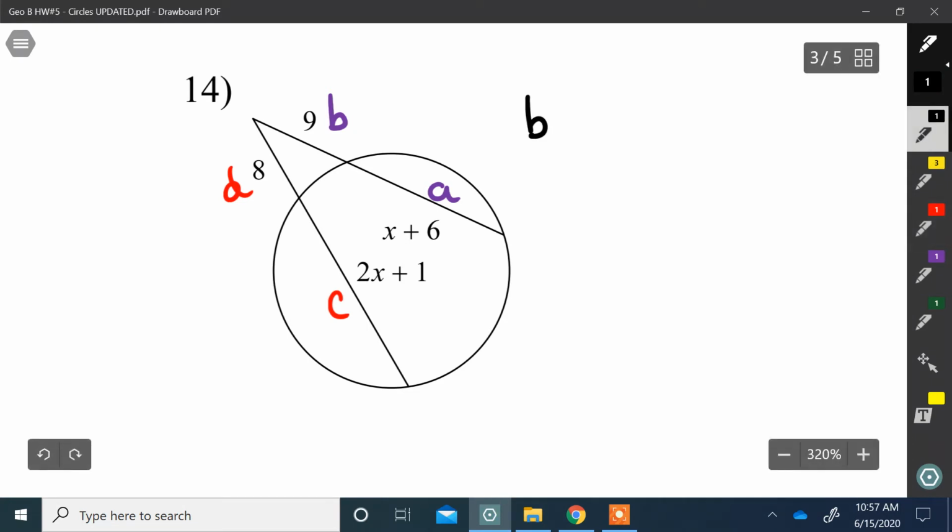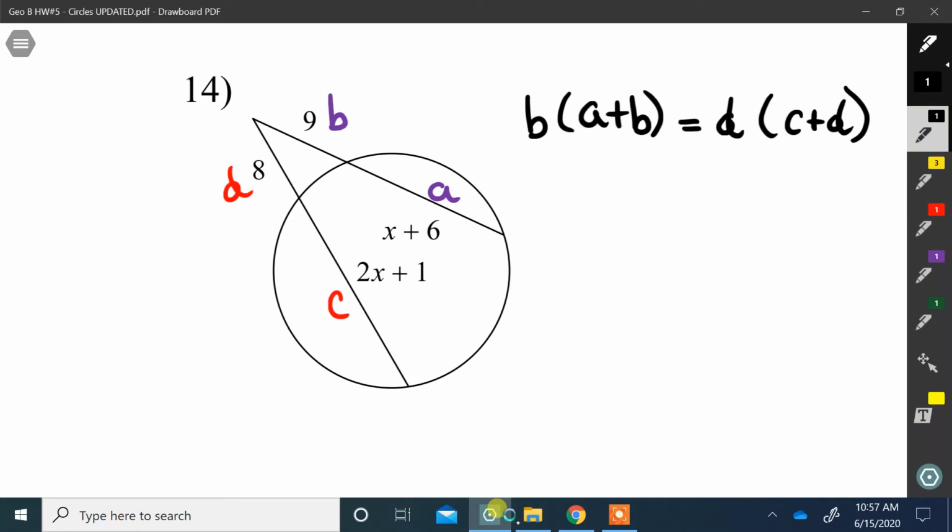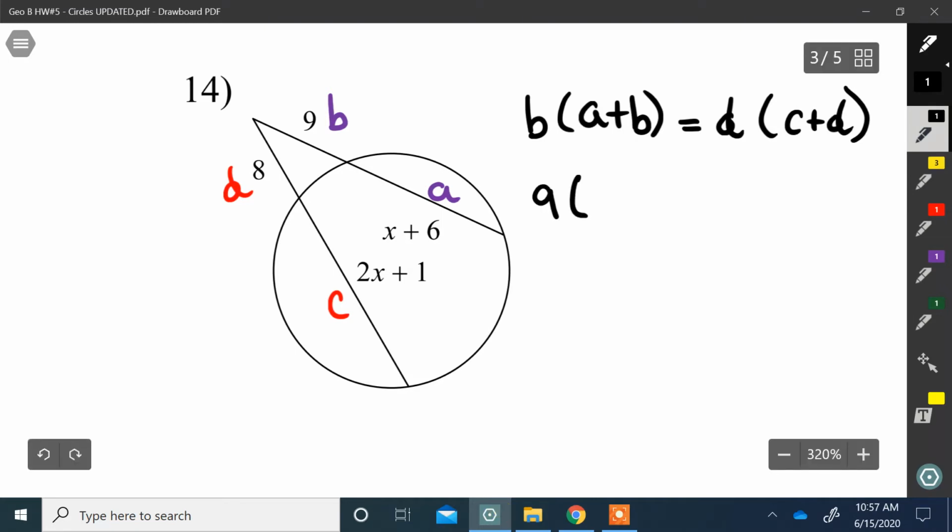The formula is the following. I'm just going to write it down from the formula sheet. A plus B is equal to D times C plus D. Okay, so B in this case is 9. A in this case is x plus 6.